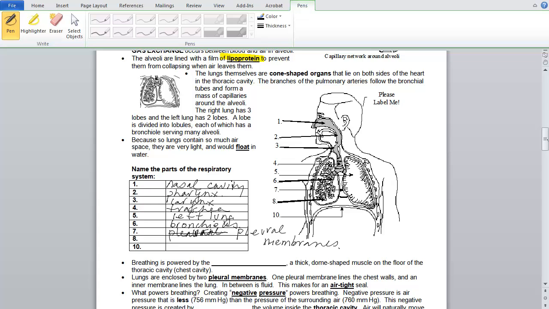Number 8, alveoli. And number 10, the muscle that separates the thorax from the abdomen, the diaphragm. Okay, hope that helped.